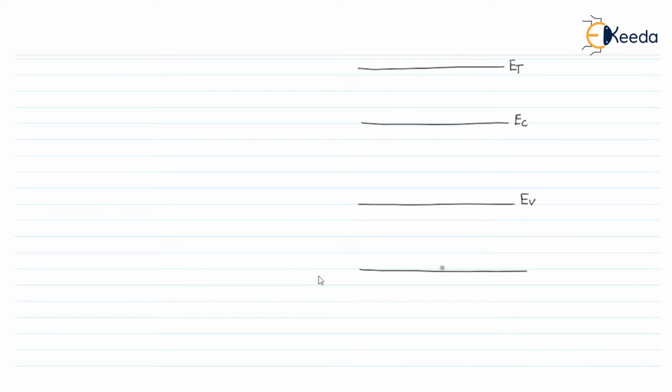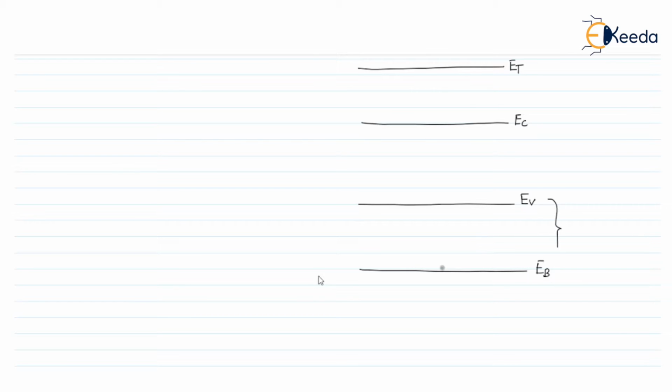So far we have seen in previous discussions that every semiconductor has a minimum energy of the conduction band, EC, and a maximum energy of the valence band, EV.